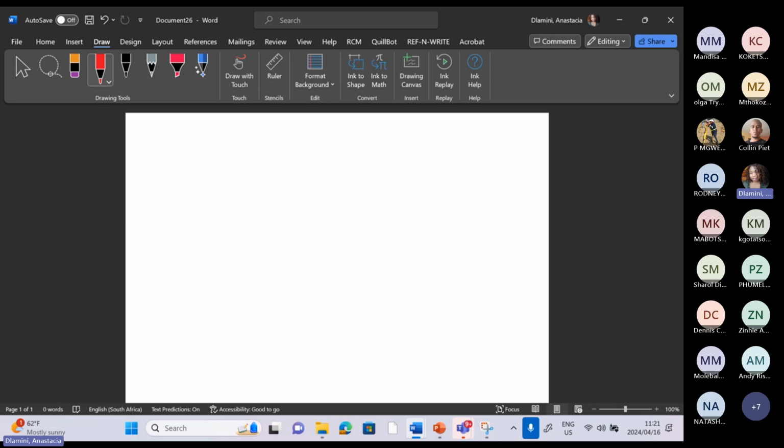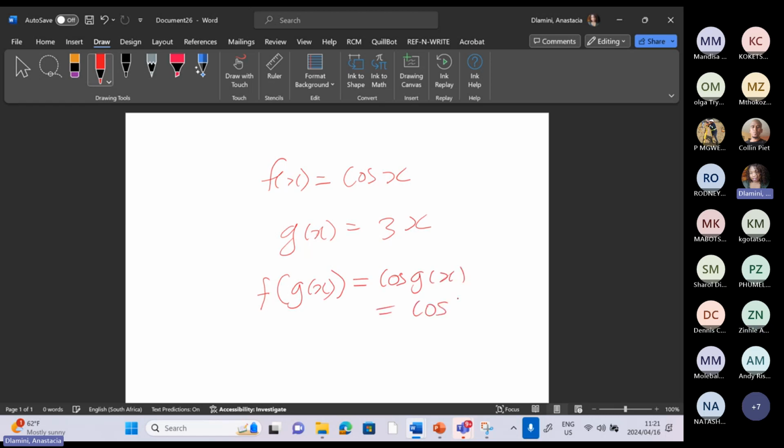Say you have a function f of x, let's say cos of x, and g of x, let's say 3x. Composition means taking one function and putting it inside another, so this will be cos of g of x, which equals cos of 3x.